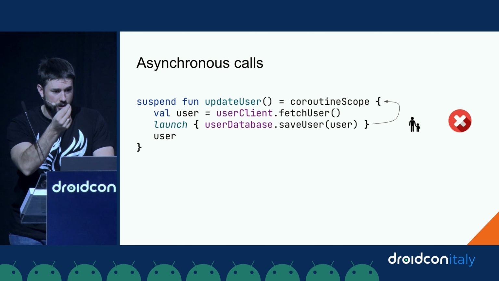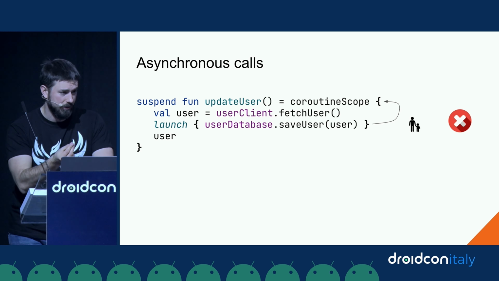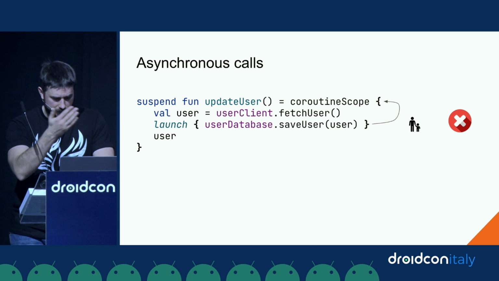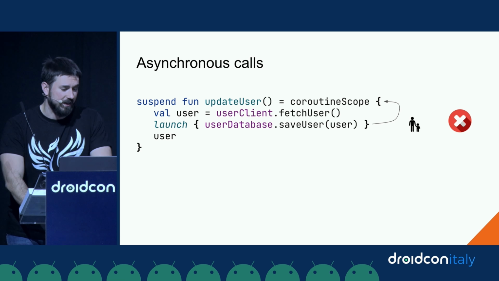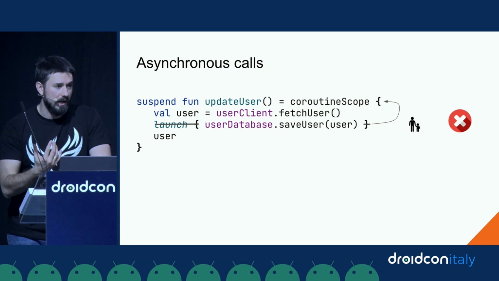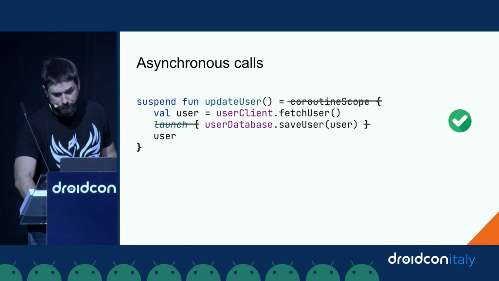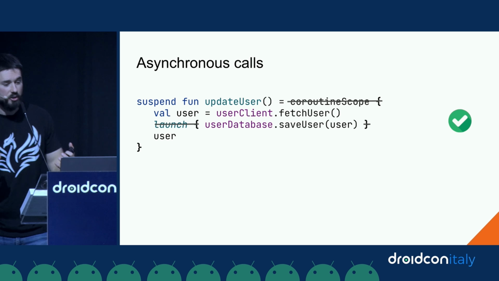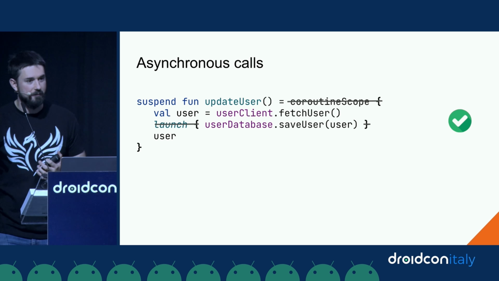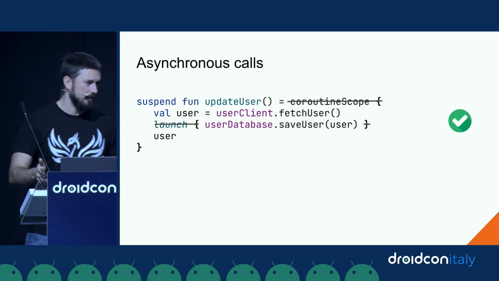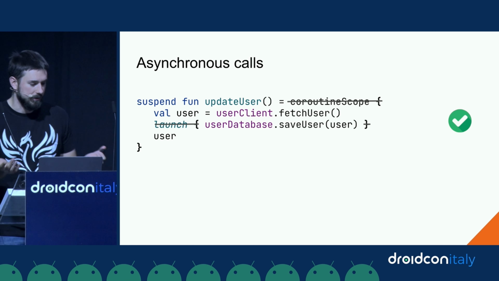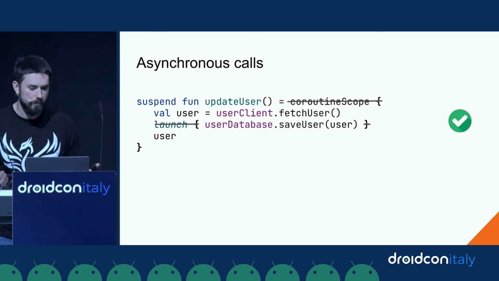And this coroutine cannot be completed before all its children are completed. And I hope you can see this code works effectively the same as if you had no launch whatsoever, which is, well, a good pattern. If you want to have a synchronous fetch user and then save user, that's the perfect pattern. Just make it explicit, because this launch is only confusing people.